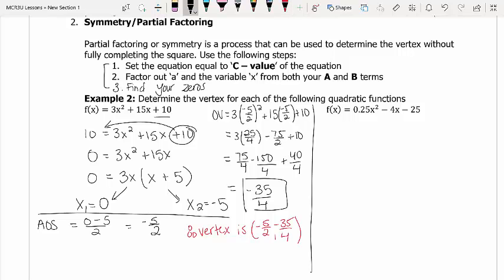Okay, let's do partial factoring for the second one. So we set our equation equal to the c value. And then we simplify, so we can combine our -25 with the other 25 on the other side, and they cancel out. And then we factor out our a value and an x from the first two terms. Okay, now let's find our zeros.